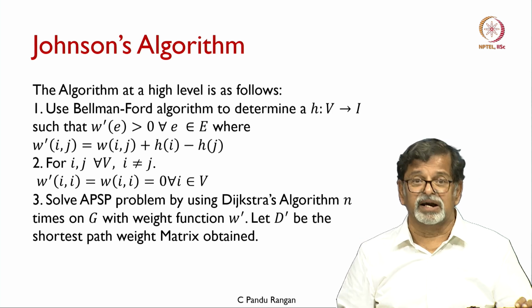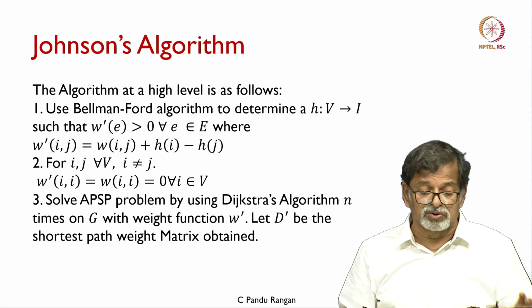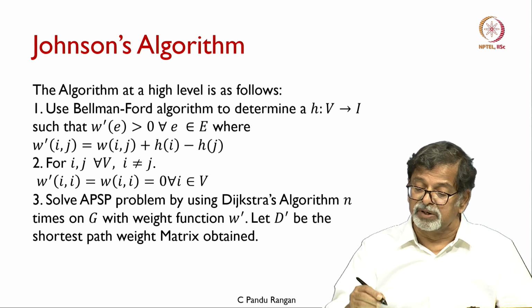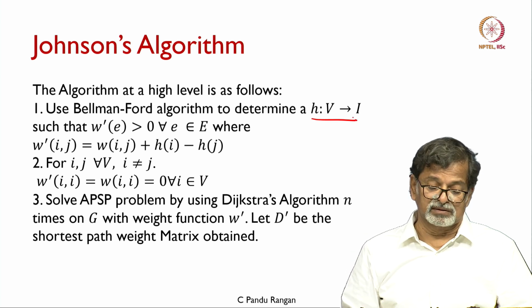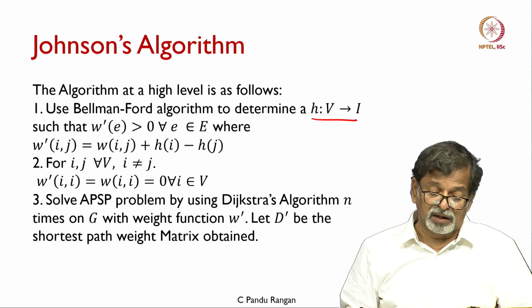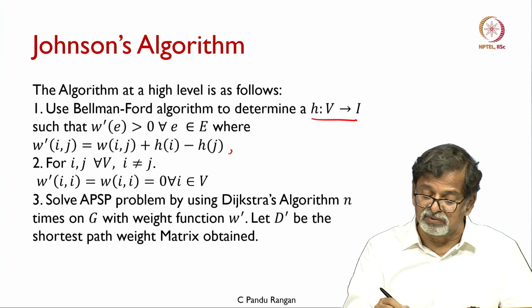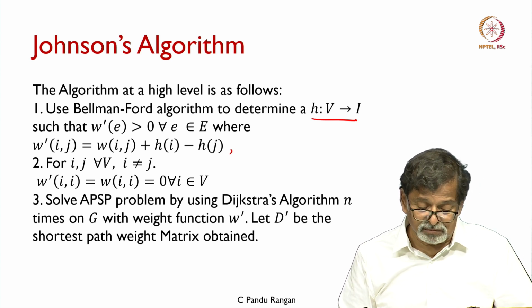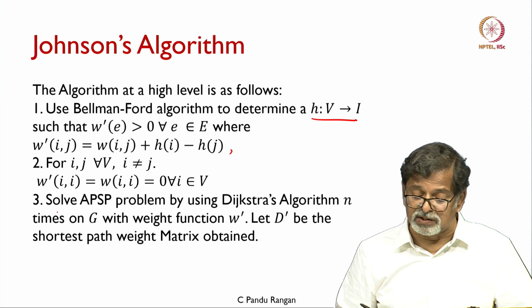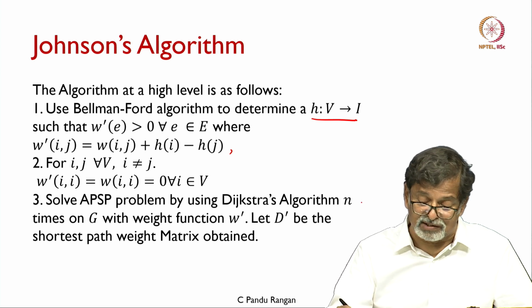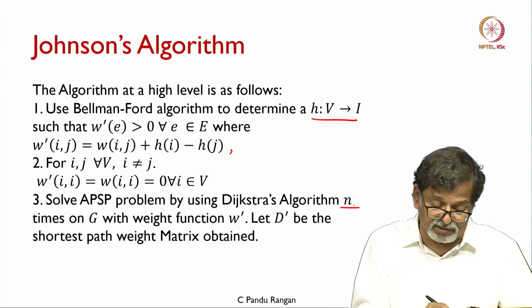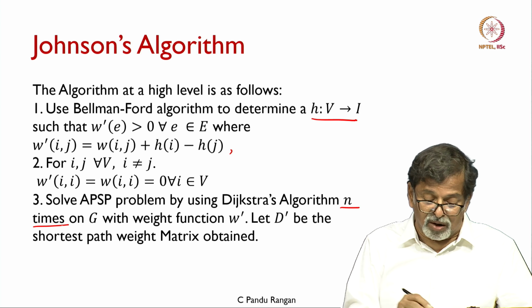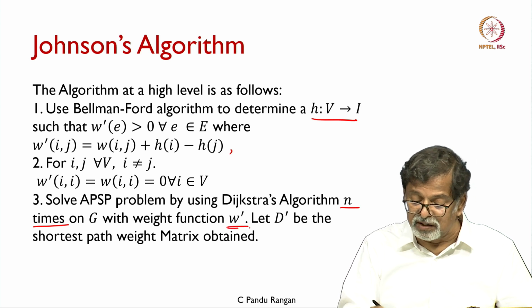So the algorithm at high level is this: use Bellman and Ford algorithm to determine a function h such that w dash is positive, these values are positive. Solve all pair shortest path problem by using Dijkstra's algorithm n times on G with weight function w dash.